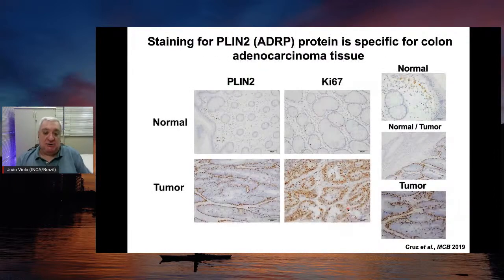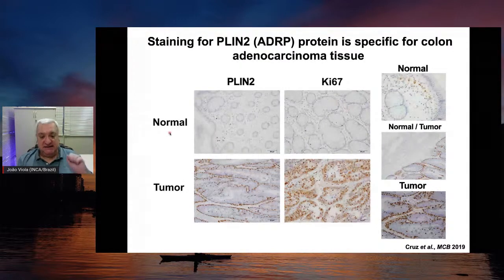Finally, I would like to show you some data, again, in patients with colon adenocarcinoma, labeling with RDRP or Ki67 for cell proliferation, in the same patients, normal sample and tumor sample.